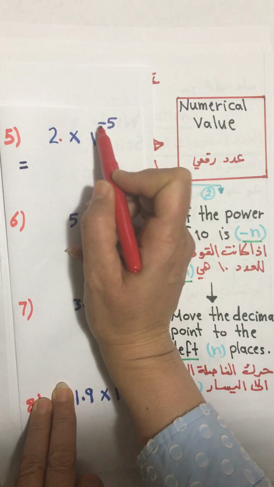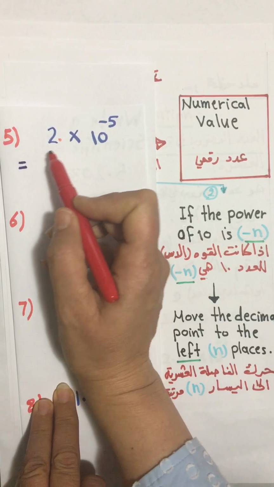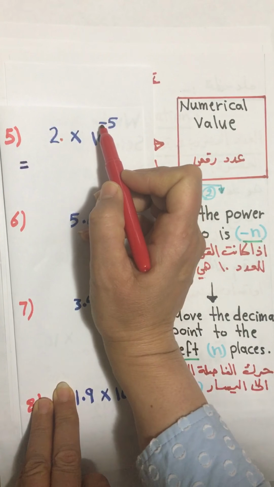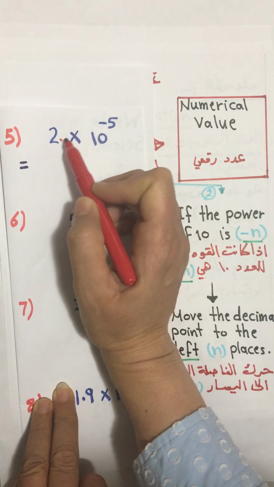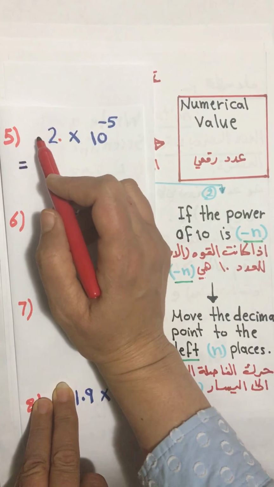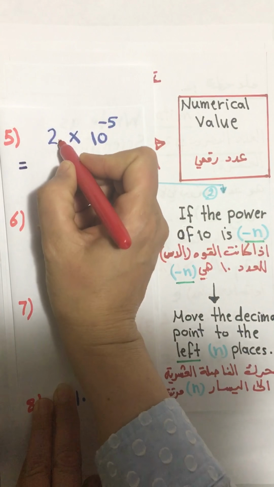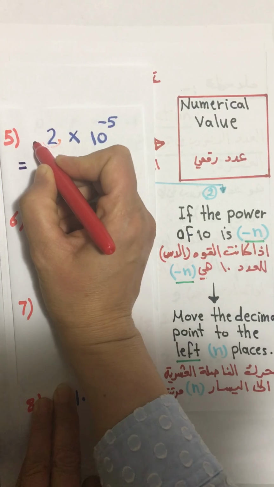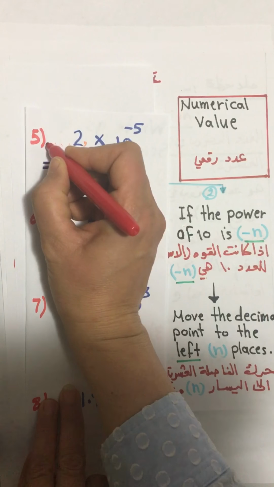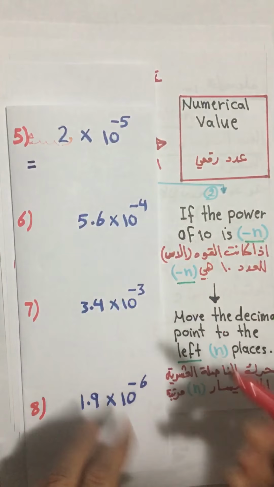When we have negative 5, negative means I always go to the left, and positive means move to the right. So I move it to the left, 1, 2, 3, 4, 5. 5 places.